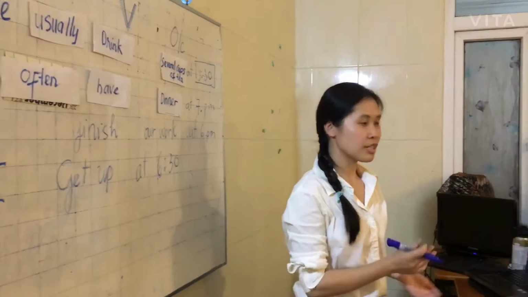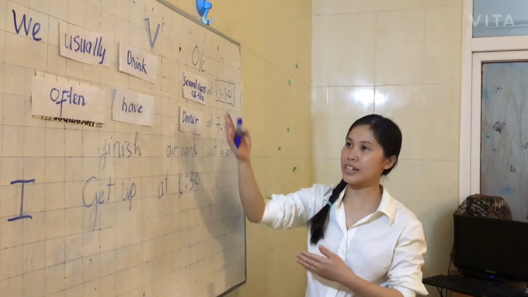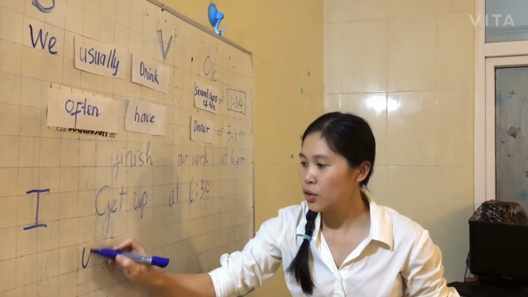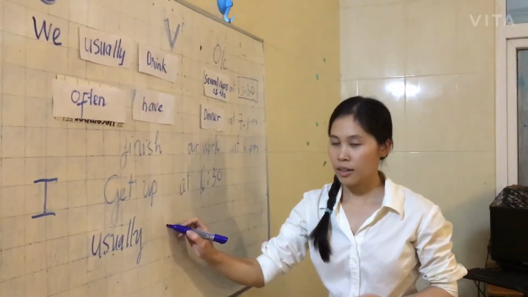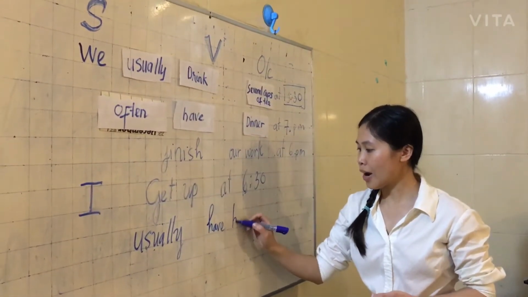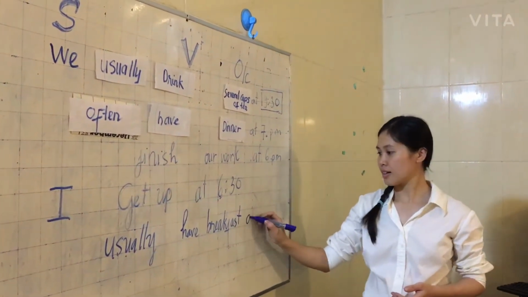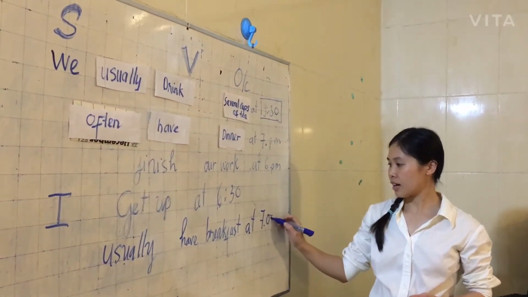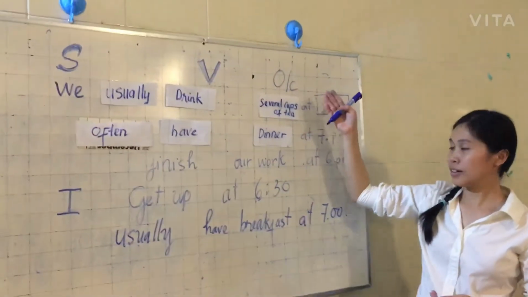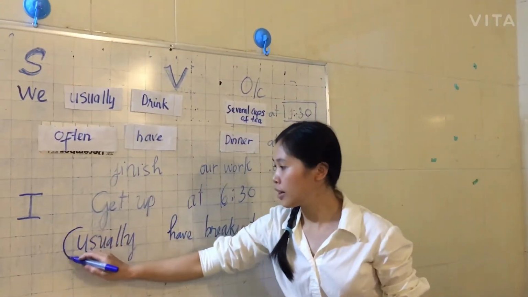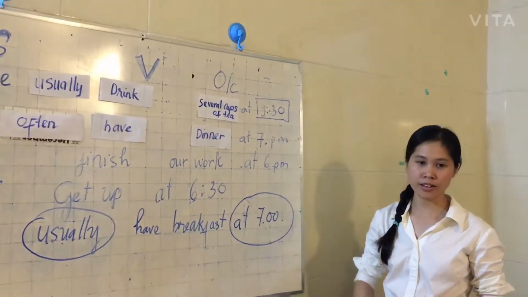For another example, subject I. If I add in the time and add in the verb of frequency: I usually have breakfast at 7:00. So this is the structure: subject, verb, object. You can add a verb of frequency and the time to clarify your sentence.